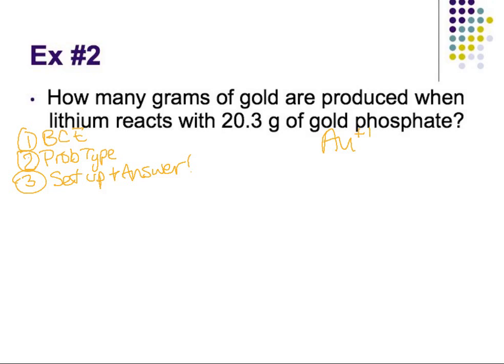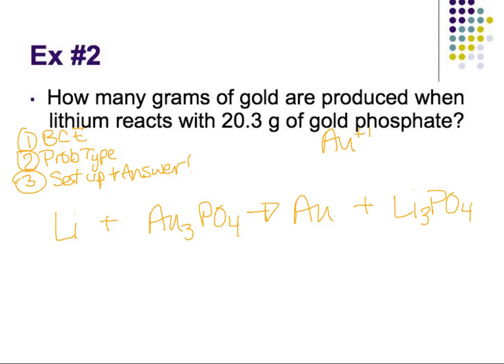So gold is produced when lithium, Li, reacts with AU3PO4. Single replacement reaction. Is lithium higher than gold? Why, yes it is. Gold gets kicked out. Lithium hooks up with phosphate, which we don't approve of, but whatever. Swap and drop. And balanced chemical equation, done.